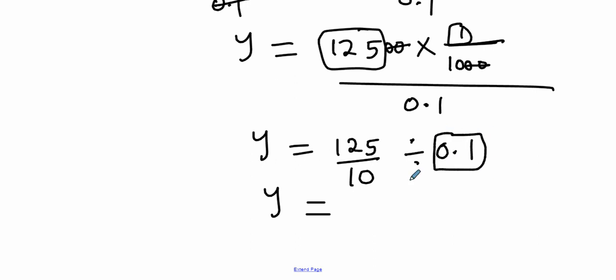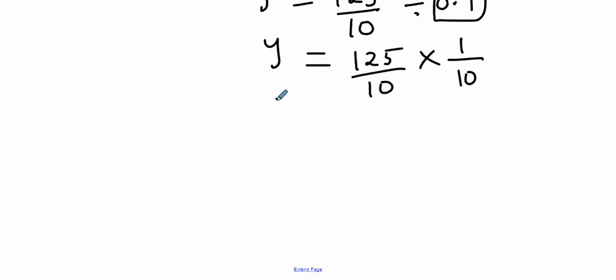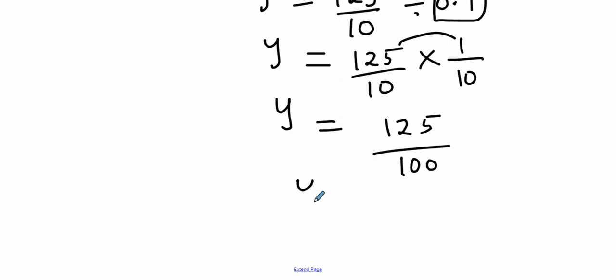Write this number as a fraction, so this will be 125 over 10 times 1 over 10. If you continue a little bit, this will be y equals 125 times 1 is 125, 10 times 10 is 100. So a number divided by 100, 100 has two zeros, so you move two places, 1, 2. So the answer will be 1.25.